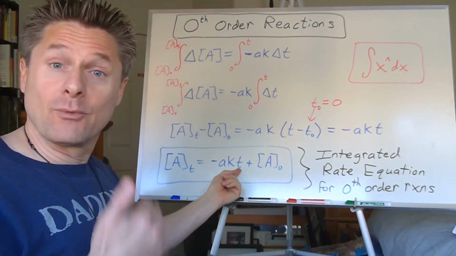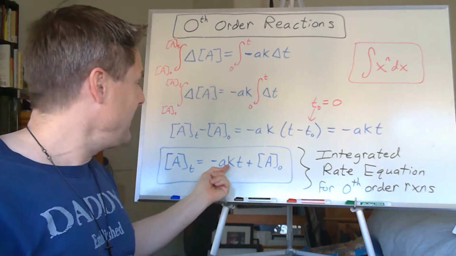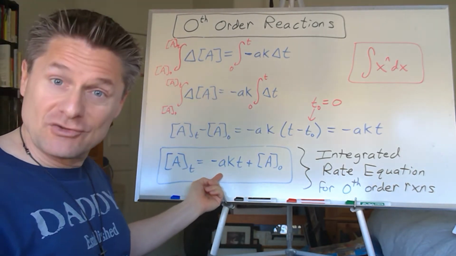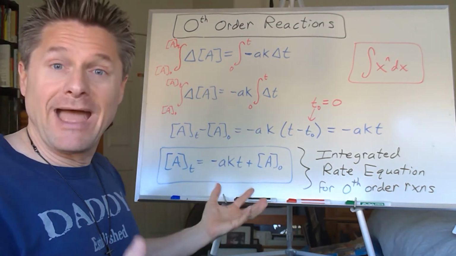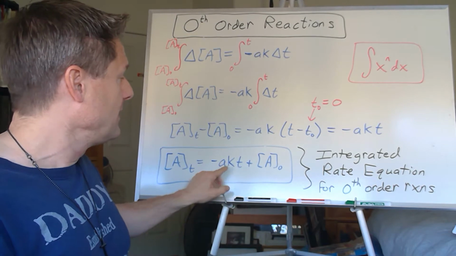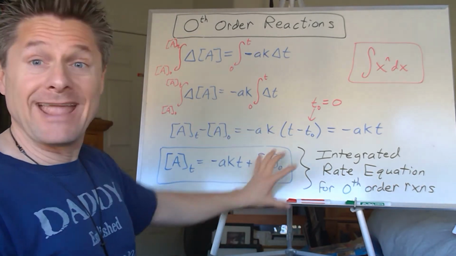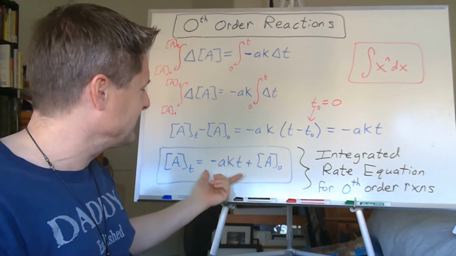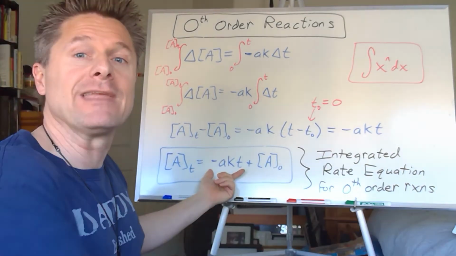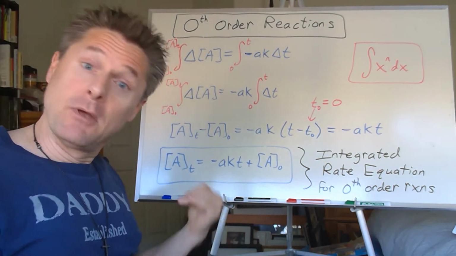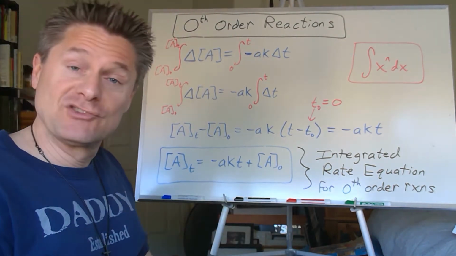The longer the reaction goes, the lower it's going to be. The larger the rate constant, the lower it's going to be. The larger the stoichiometric coefficient, the larger that reduction is going to be. So the higher this term, the lower this answer, because of that negative sign. It's pretty much just taking the initial concentration plus this correction factor to account for the time that's elapsed, the coefficient and the rate constant. That's the integrated rate equation for zero order reactions.